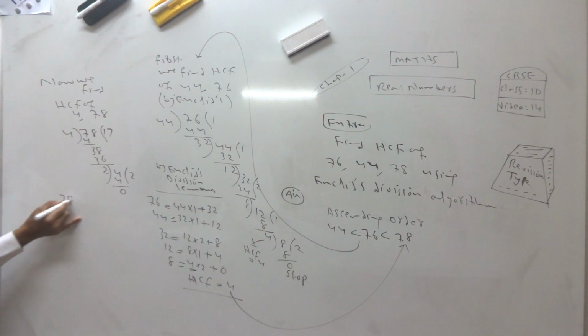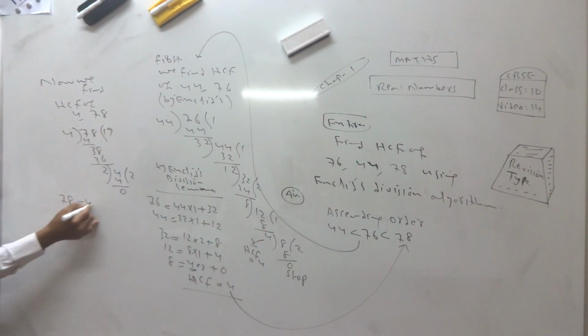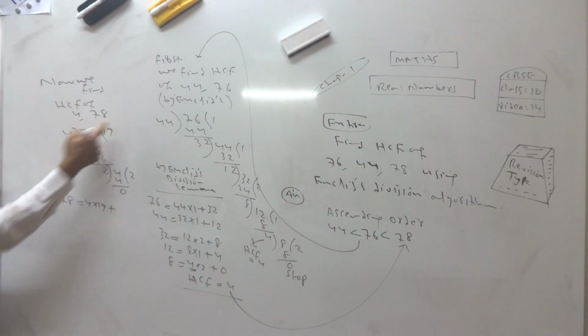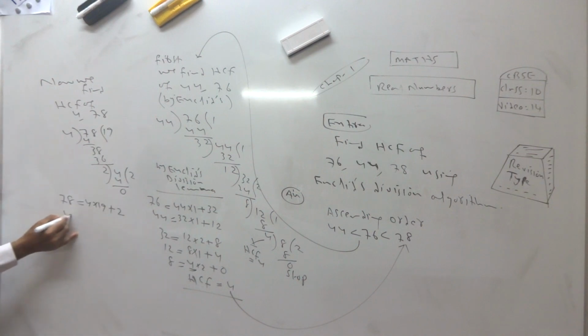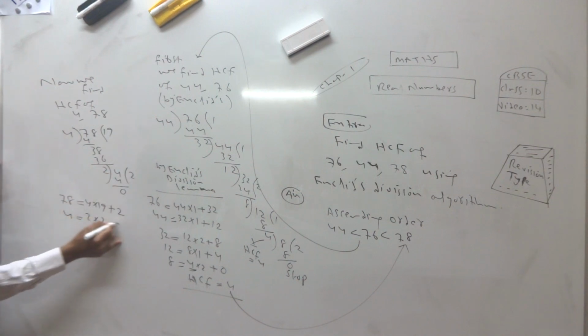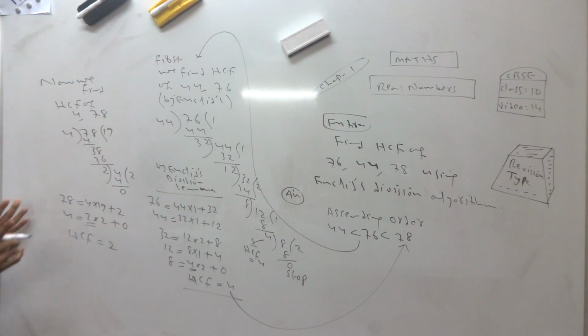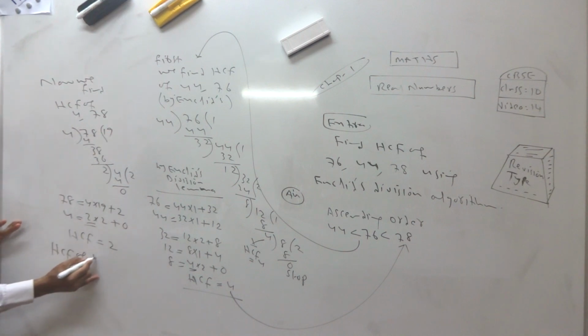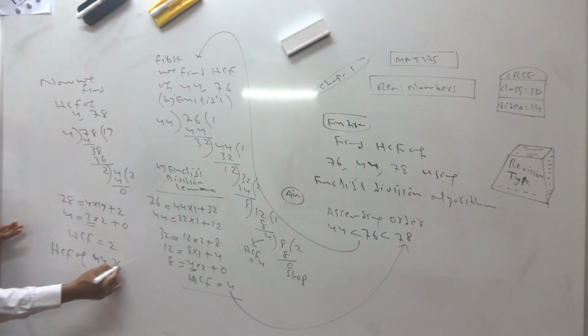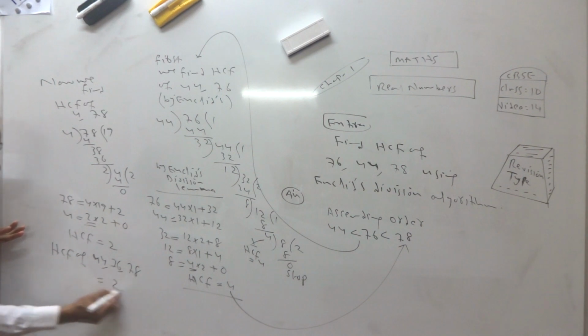So 78 is equal to 4 into 19 plus 2. Then 4 is equal to 2 into 2 plus 0. So what is HCF, please? 2. So it means HCF of the 3 numbers 44, 76, 78 is 2.